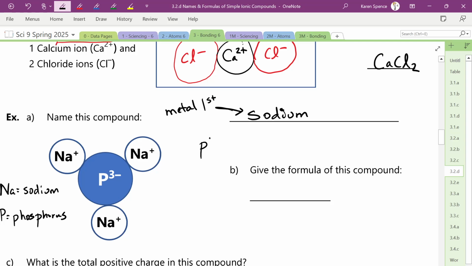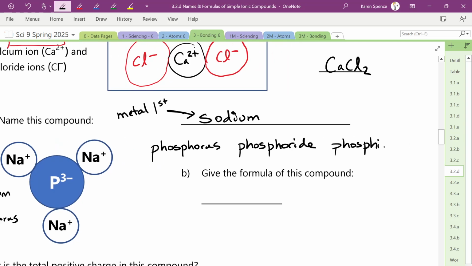Is it phosphorus, phosphoride, or phosphide?